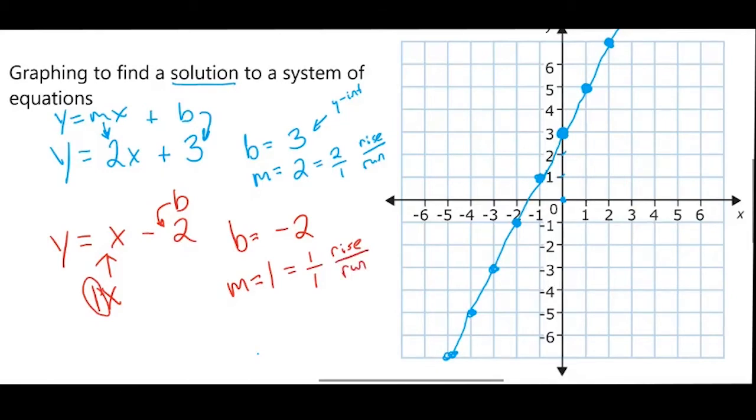I start in the middle, and I go to my y-intercept, which is b, so that's -2, so that's going to go right there. So my y-intercept is -2, and then from this point, I'm going to rise 1, run 1, rise 1, run 1, rise 1, run 1.